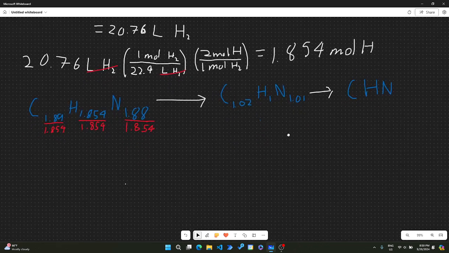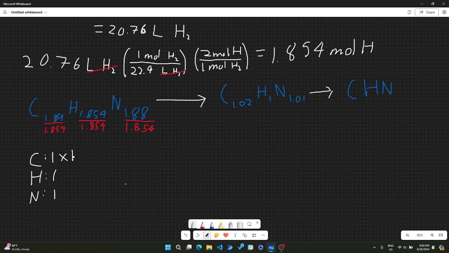Now let's calculate our percent masses. So we have our carbon, our hydrogen, and our nitrogen in our formula. Now there's one of each of these, so 1, 1, 1. The atomic mass of carbon is 12.01 grams per mole.